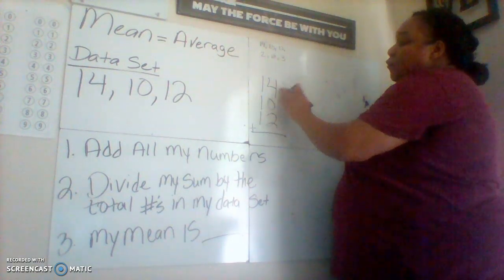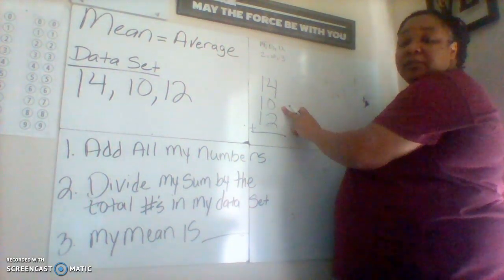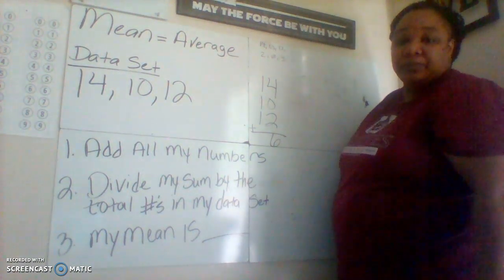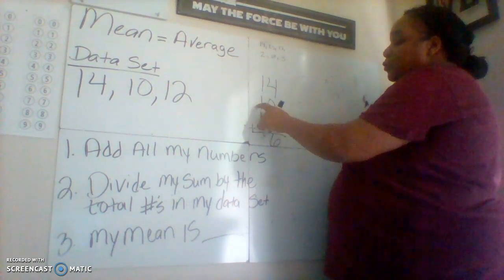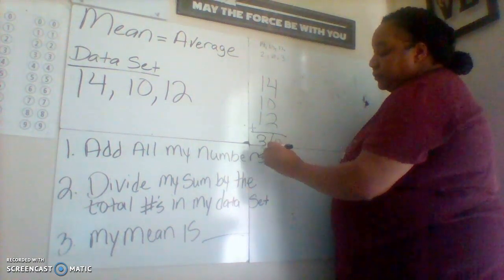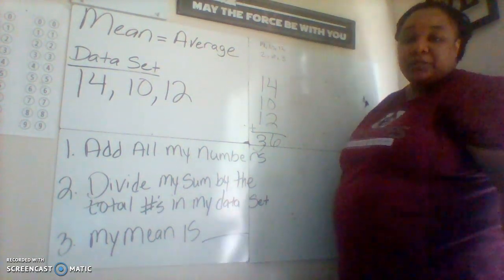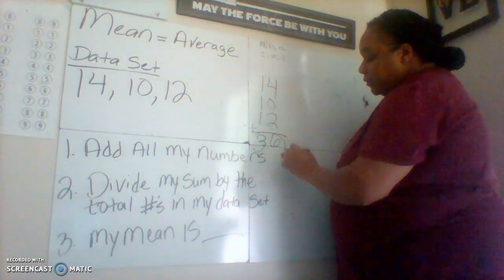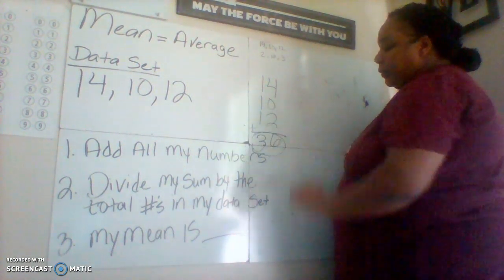Add 4 plus 0, 0 plus 2, 6. Okay? Then I have 1 plus 1 plus 1 is 3. So it's 36. So my sum is 36. And I'm just going to circle that right quick.